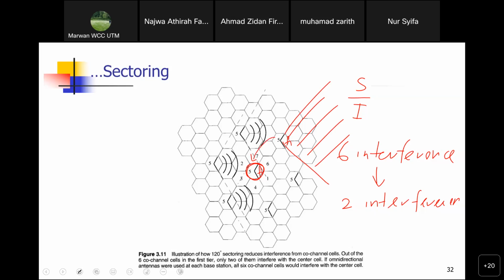You will not interfere with your sector anymore. What does it mean? It means that this sector is not going to interfere with you anymore, and this sector, and this sector. So clearly 3 sectors are not going to interfere with you anymore.